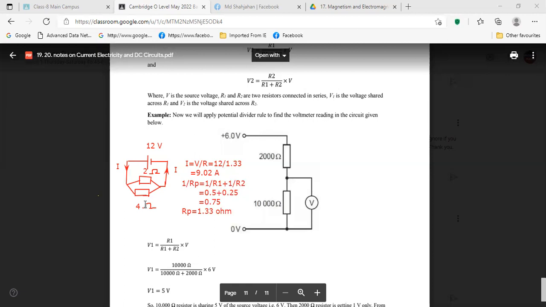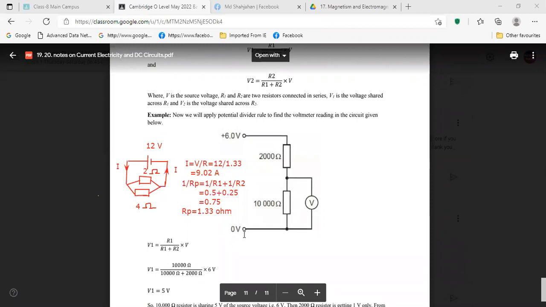So how will it be divided? How this 9.02 will be divided depends on their resistance. You can simply understand that the one which has more resistance will get less current, isn't it?